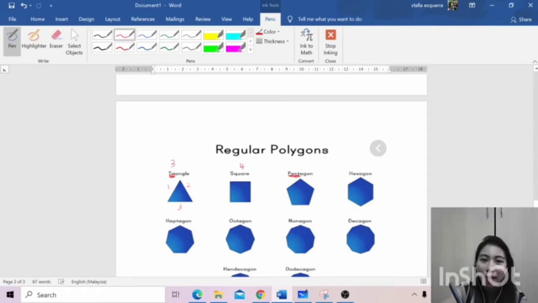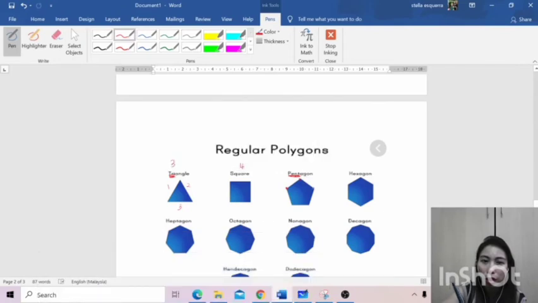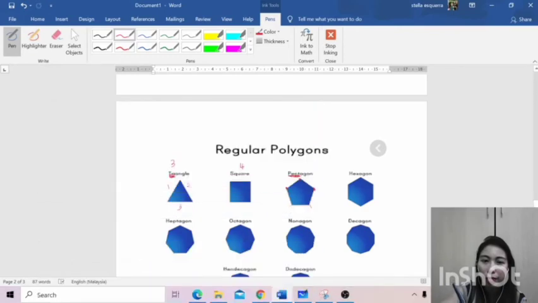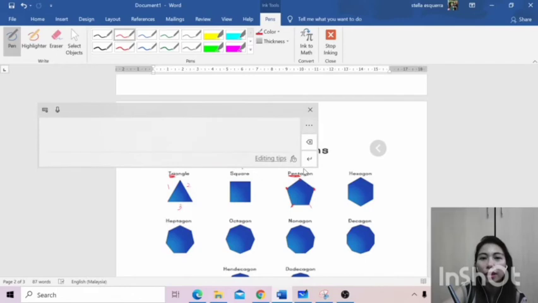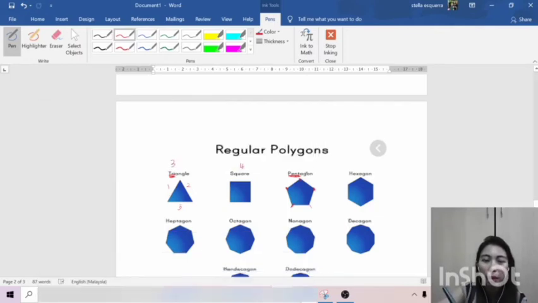Penta means 5. 1, 2, 3, 4, and 5. So penta is 5 sides.